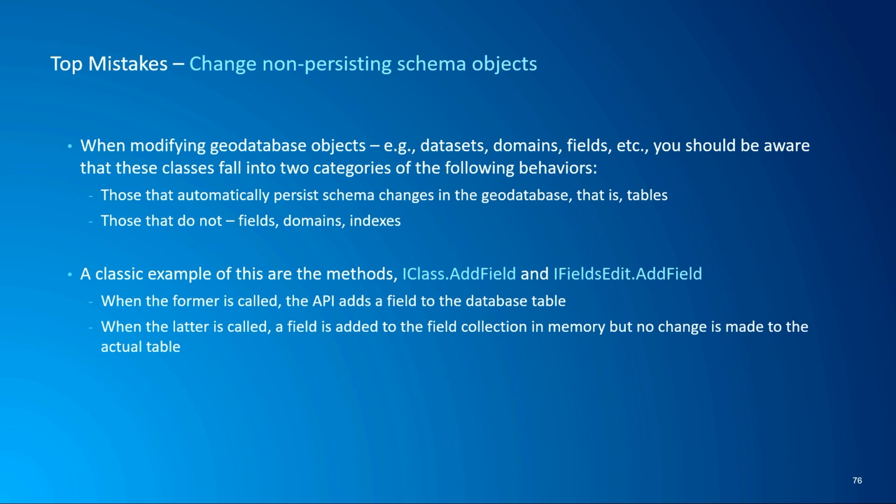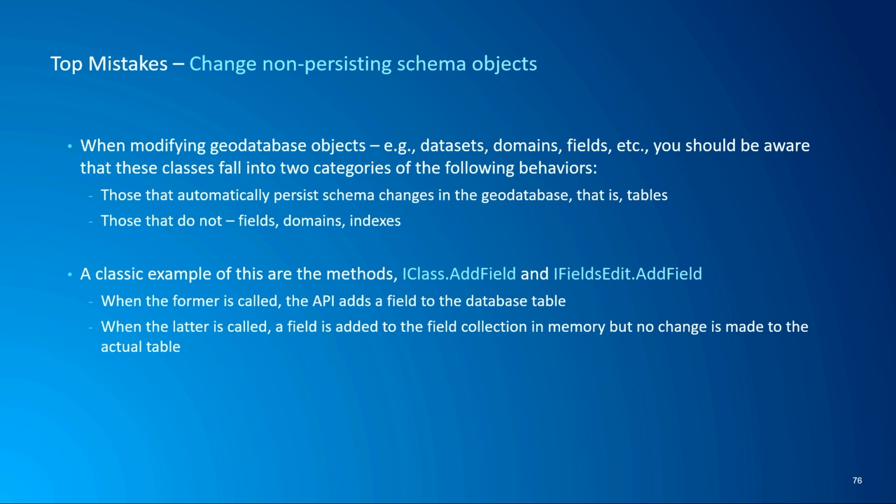So there are different APIs that we can use to modify our Geodatabase data sets. Some of those things can be modified within memory, and some of them we need to use the proper API to make sure that they are persisted.